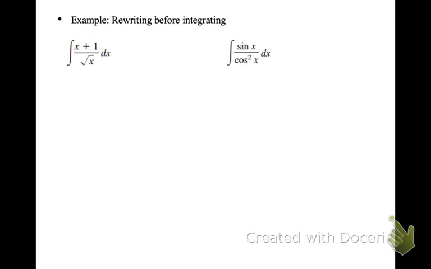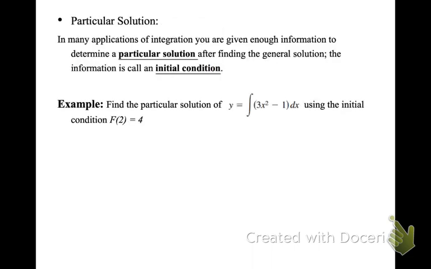Okay, so just more different that we need to rewrite. Well, you don't know a quotient rule yet, do you? No. So can I divide both things in the numerator by the denominator? Could I write this as the integral?